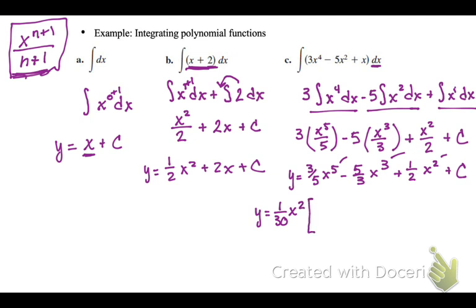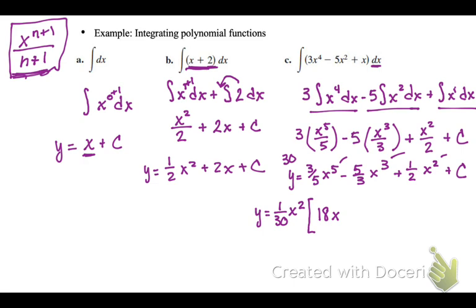Remember, when I factor out 1/30, I'm really multiplying by 30, yes? So 5 goes into 30 how many times? 6 times 3 is 18. 18x to the what? 18x to the 1.